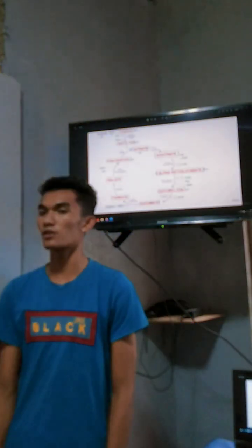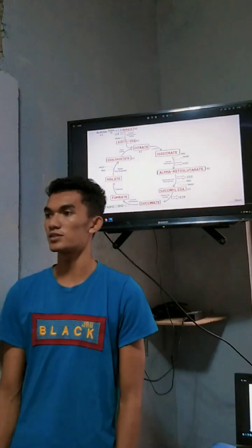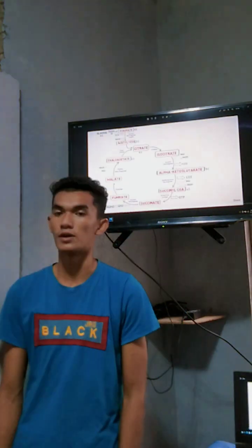The alpha-ketoglutarate is converted into succinyl-CoA by the enzyme alpha-ketoglutarate dehydrogenase, and in this reaction also a molecule of NAD is reduced into NADH and a molecule of carbon dioxide is released. Hence, the succinyl-CoA is a 4-carbon compound.